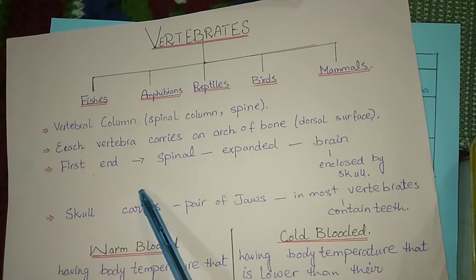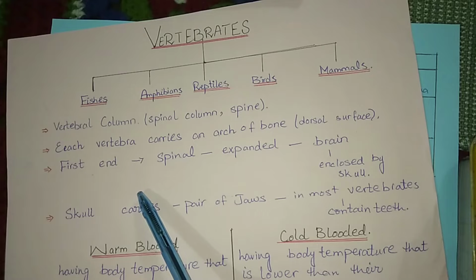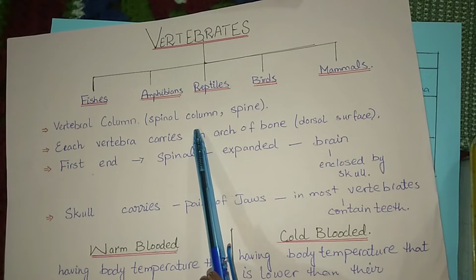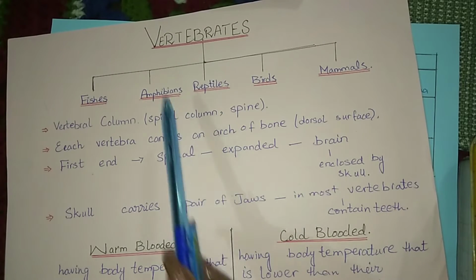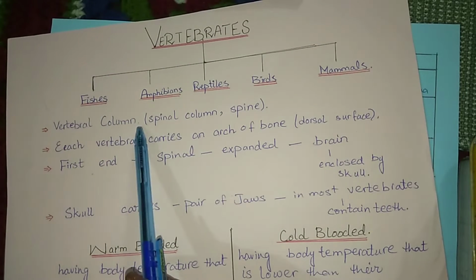Vertebral column. When we say vertebrates or vertebra, we know that they have the vertebral column at the back of their body, which supports their body to stand erect. Spinal column or spine are also names for the vertebral column.